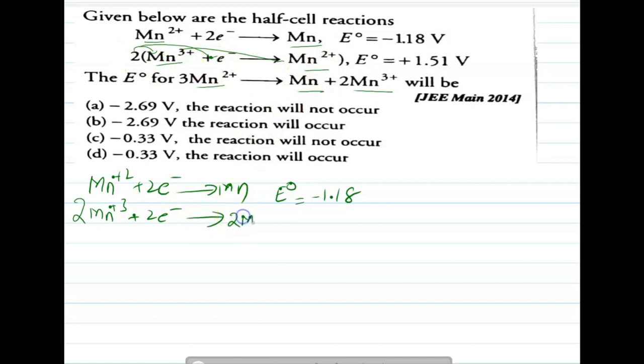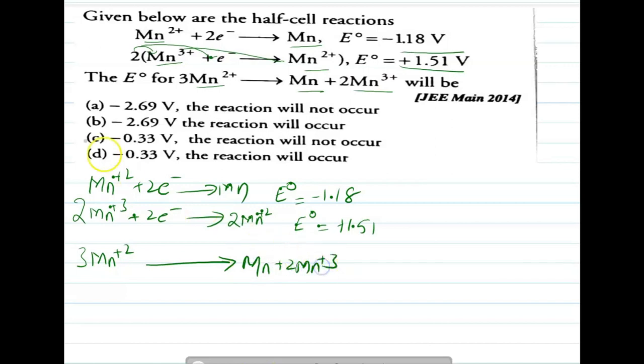E naught given is plus 1.51, right? So what is being asked? E naught for 3 Mn plus 2 gives rise to Mn plus 2 Mn plus 3.